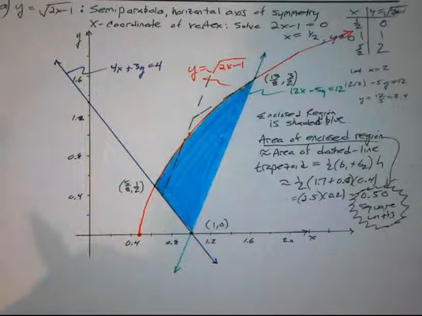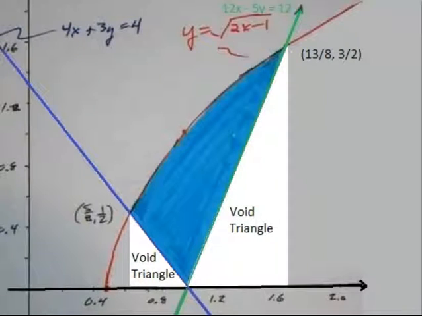Looking at this region, it is possible to notice there are some triangles sitting here as voids, and anytime you have a region which either consists of plane geometry figures or has voids which are plane geometry figures, it's time to think about taking advantage of some plane geometry within the calculation as well.